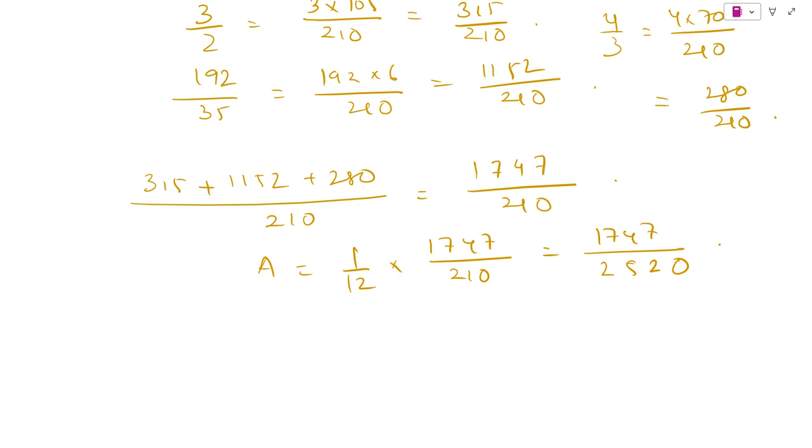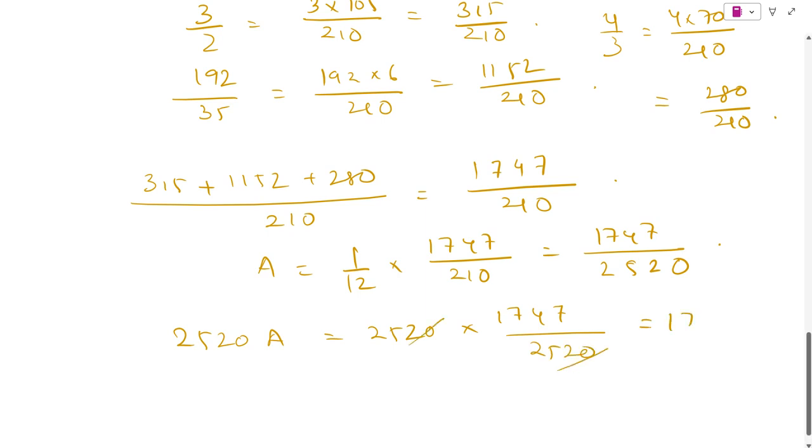Okay. And the question requests the value of 2520A. So let's scale it up. 2520A, this is 2520 into 1747 by 2520. So this will be 1747.